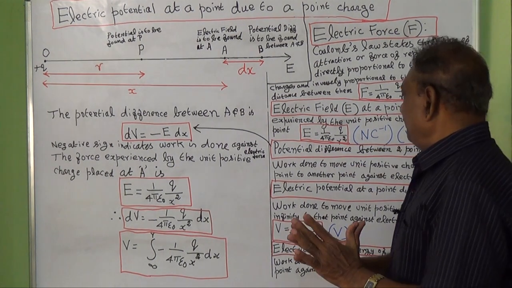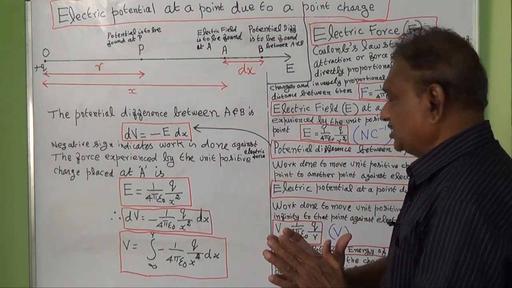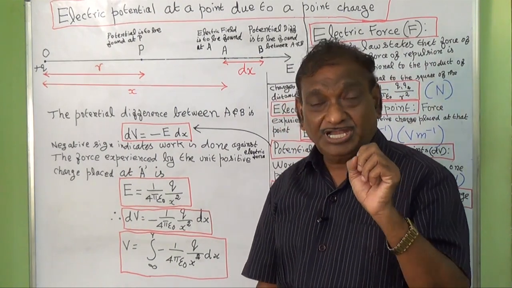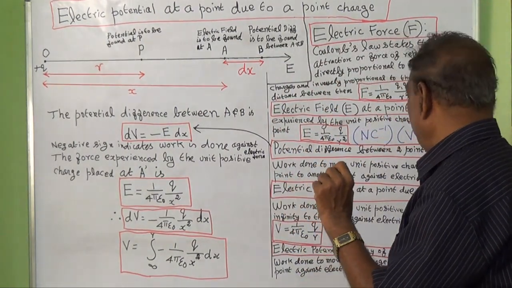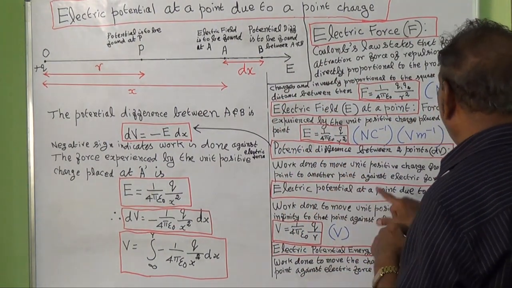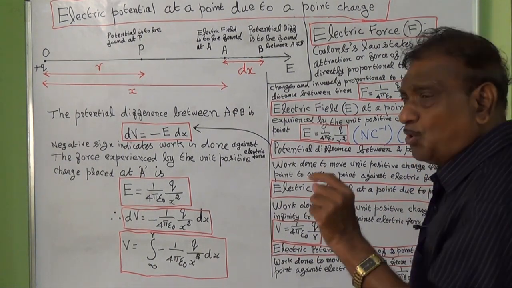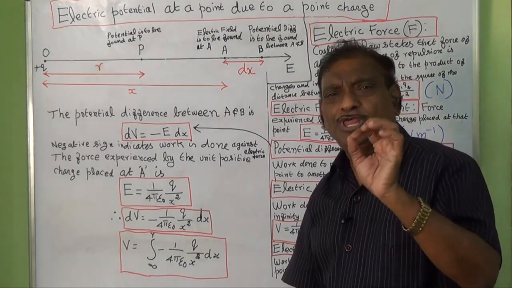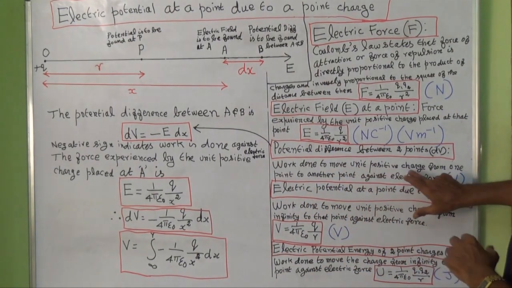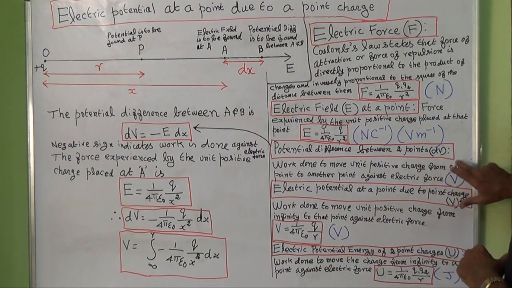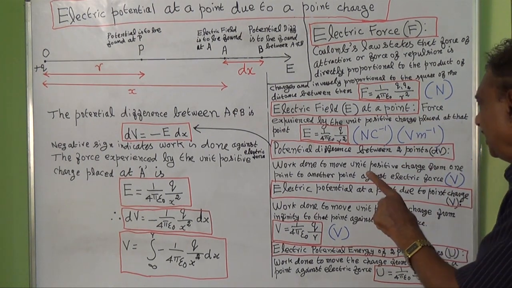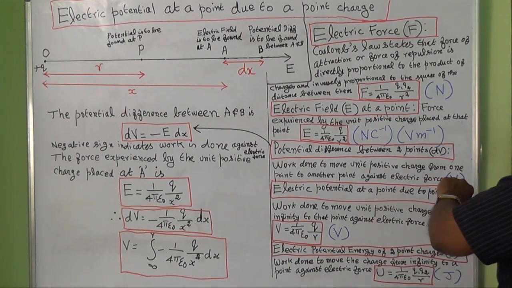Then the third definition is the potential difference between 2 points. It is denoted by dV. It is the work done to move the unit positive charge from one point to another point against the electric force.